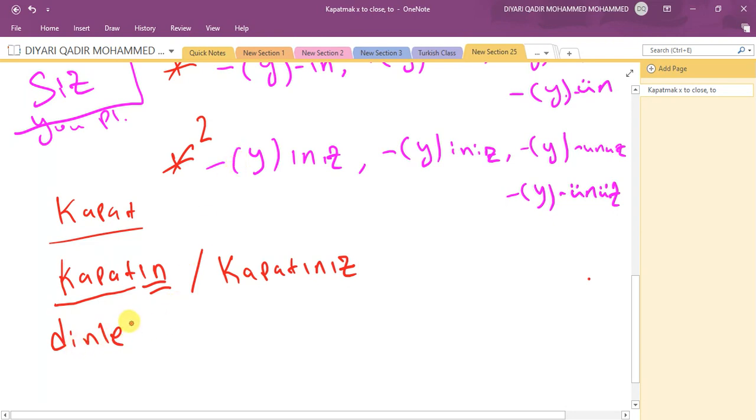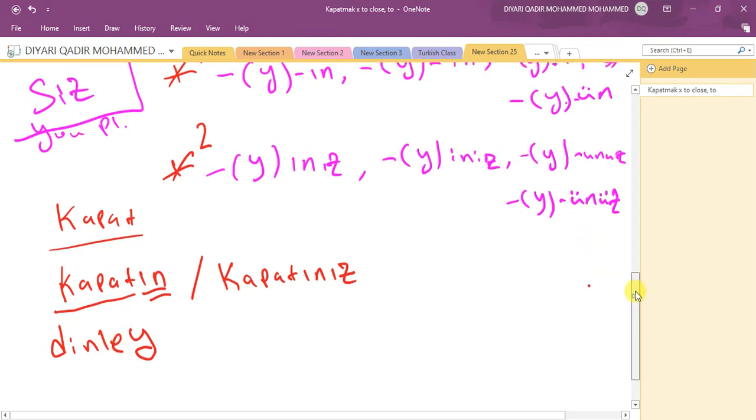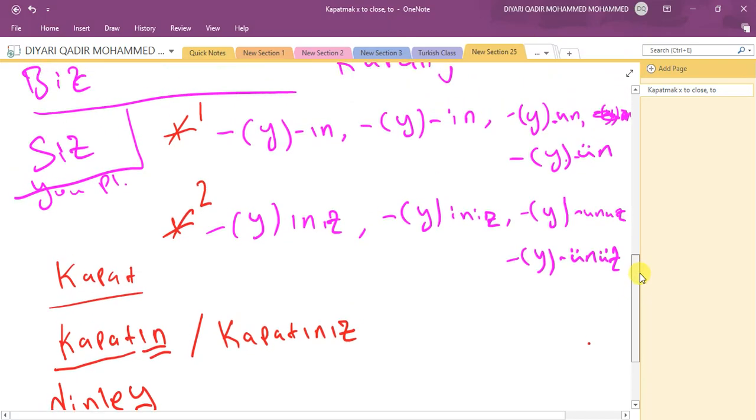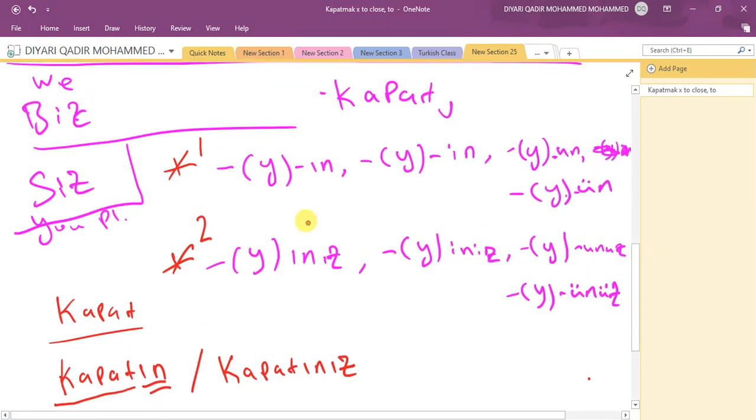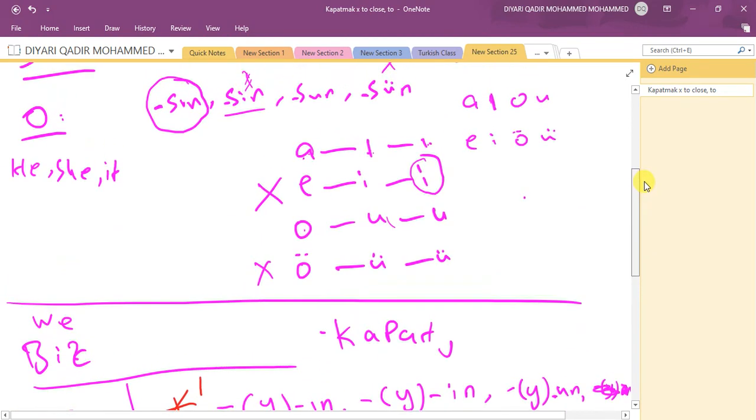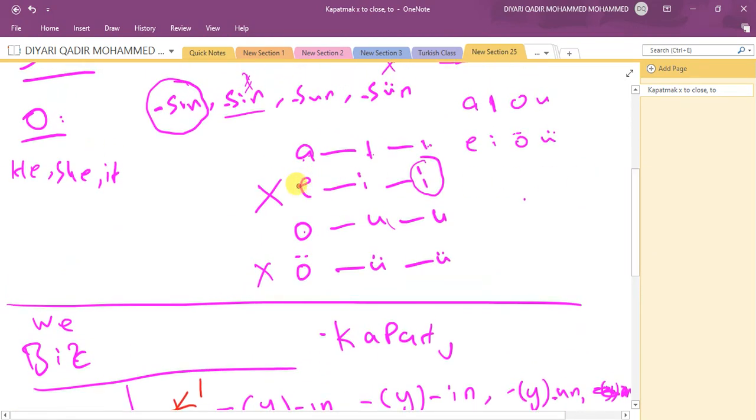So I have to add y, and this is e, right? So which suffix am I using for the order? Either I use this set of suffixes or that set, it doesn't matter. From the first set, I'm using this one, because of the y. It was dinle, right?